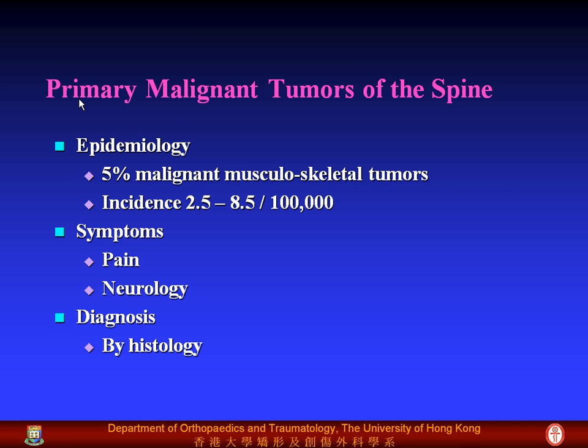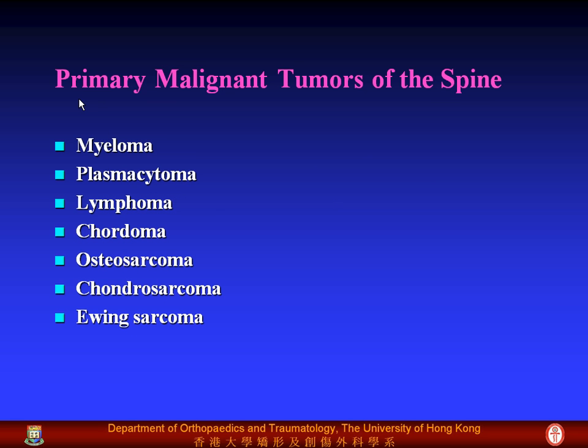Primary malignant tumors of the spine are actually not that common, accounting for 5% of the malignant musculoskeletal tumors. Most of the tumors in the spine are metastatic tumors, and primary tumors are less common. Symptom-wise, of course, they give rise to pain, neurology, and of course the confirmation is by histology.